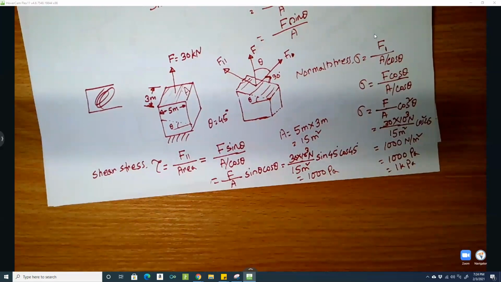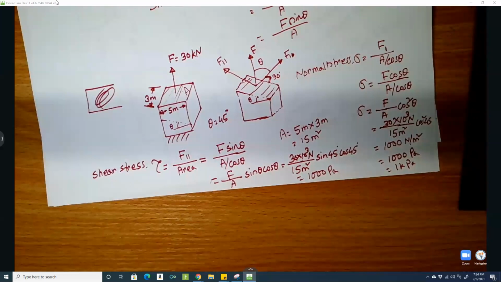Normal force is the force which is perpendicular to the plane, and the shear force is the force which is parallel to the plane. So I hope you understand that concept. Thank you very much for watching.